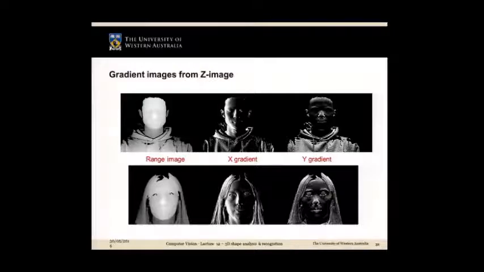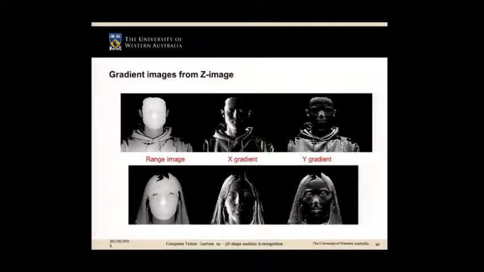Now, just like 2D images, you can also calculate the X and Y gradient of an image, right? If you look at this image, you can always display your X and Y gradient values. You can use these values separately, let's say if you're doing recognition, or you can combine all three. The range image itself contains all the depth information.